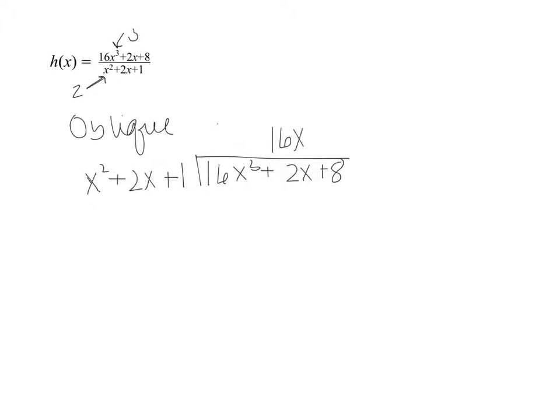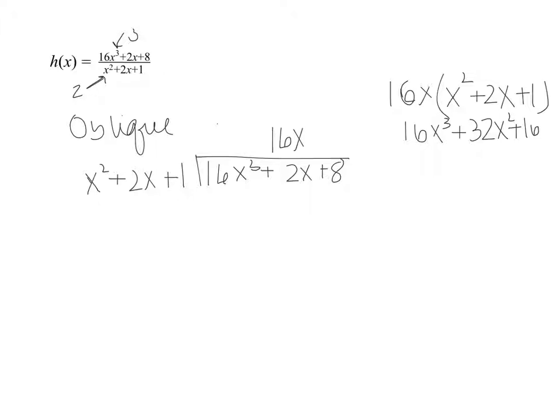Now I need to multiply 16x by what we're dividing by, x squared plus 2x plus 1, which is going to give us 16x cubed plus 32x squared plus 16x.